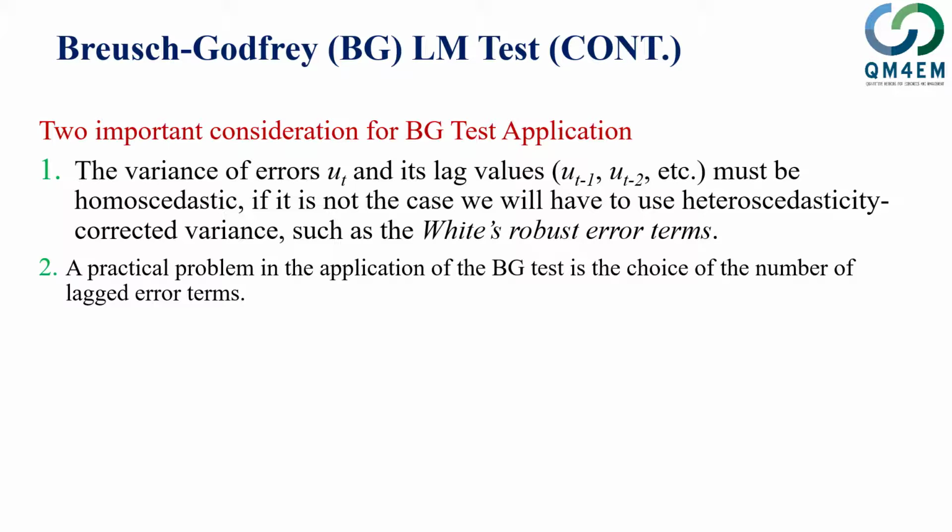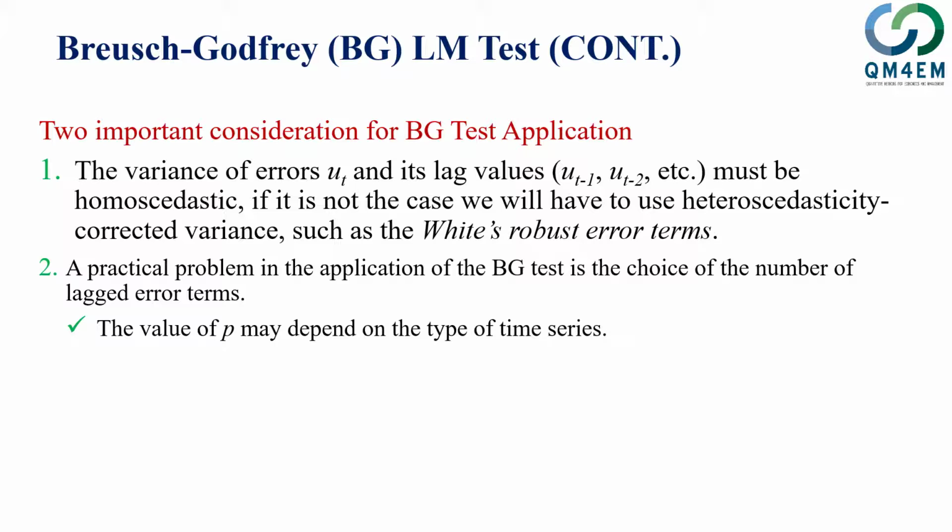The lagged error terms could be from adding only 1 lag, or 2 lags, or 3 lags, or 10 lags, or 12 lags. So that's a subjective thing, which makes it practically difficult to pick a lag value, that is, how many lags should be added in a regression model.